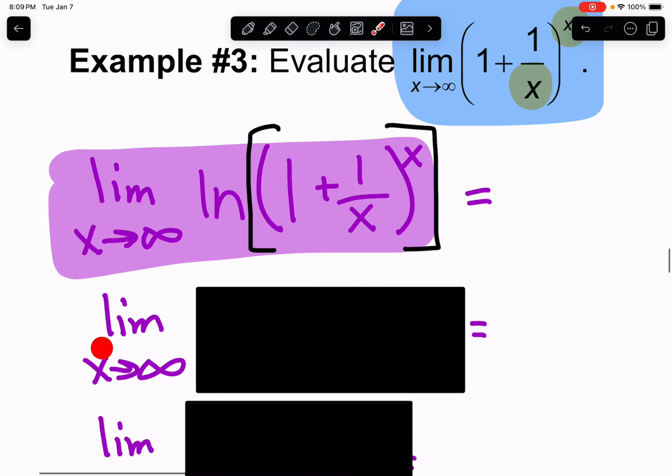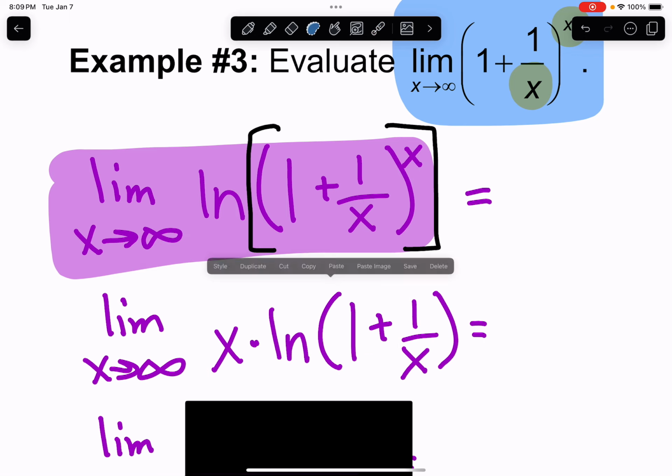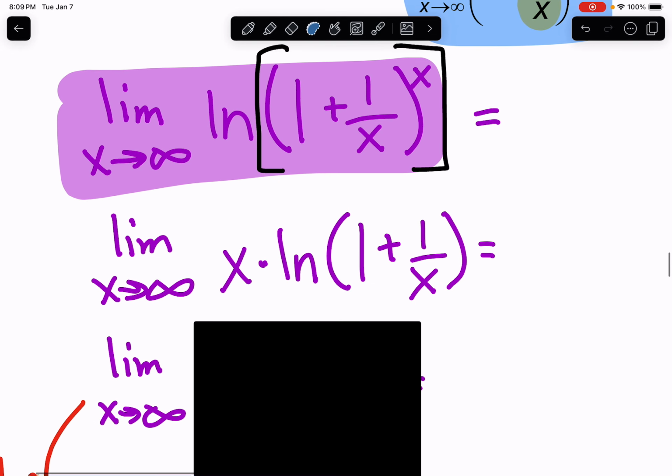So why would I do this? Well, log properties. I can take this x and bring it out in front. So I can rewrite this as the limit as x approaches infinity of x times that whole natural log. Now remember, the indeterminate forms we are dealing with are 0 over 0 or infinity over infinity, so I need a fraction.